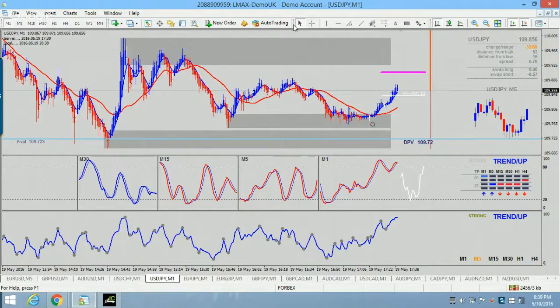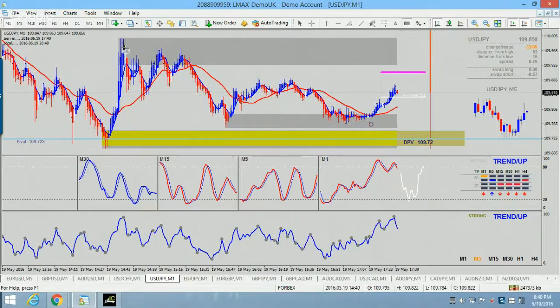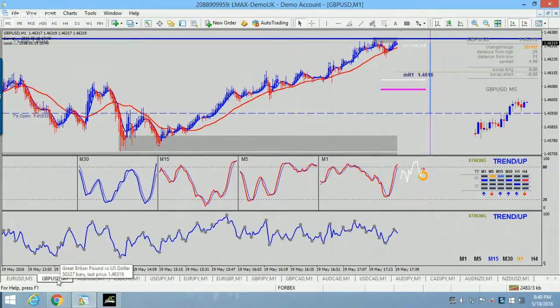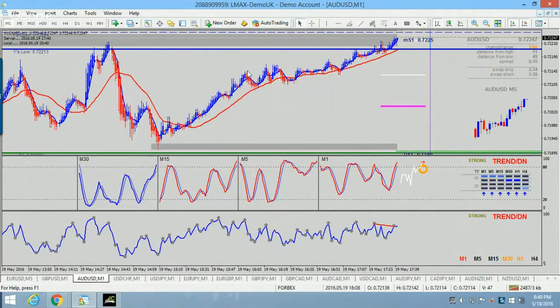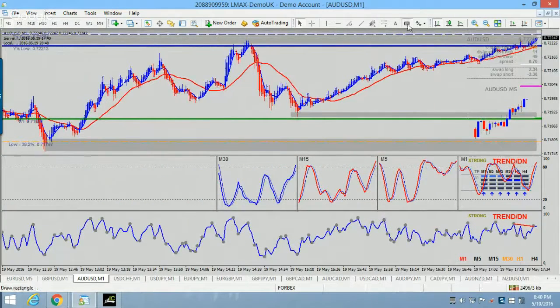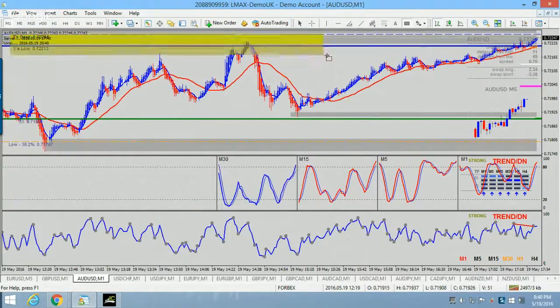And here, for example, on this chart on US dollar Japanese yen, as you may see, in this area, we have a demand area. And on the upper side, we have a supply area. Okay, let's go to other charts as well, just to make a bit of practice on this aspect and to get a clearer picture of why supply area is important and why demand area is important as well.